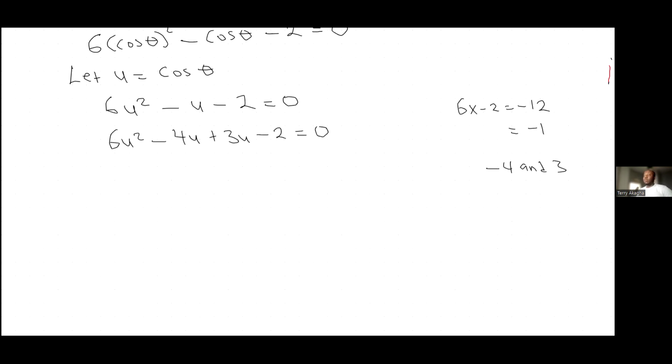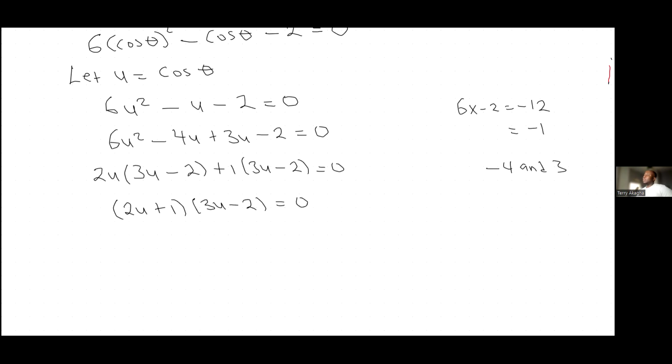So we have 2u into bracket, 3u minus 2, and what is common here is plus 1 into bracket, 3u minus 2, is equal to 0. Now, the same thing, you bring out one of them. So we have 2u plus 1, and you have 3u minus 2, is equal to 0. Is that making sense?